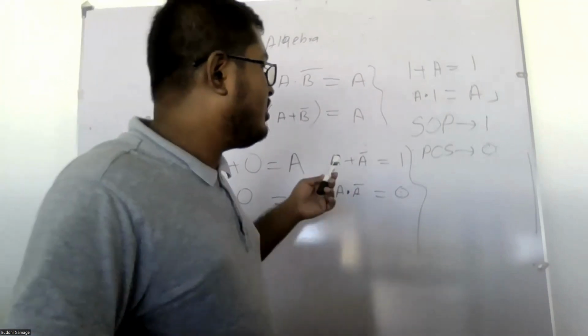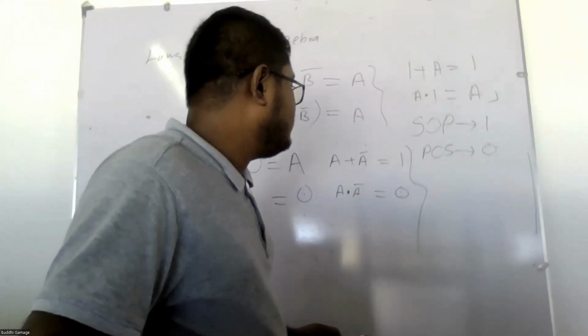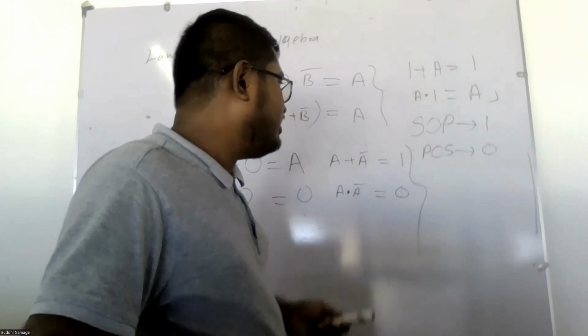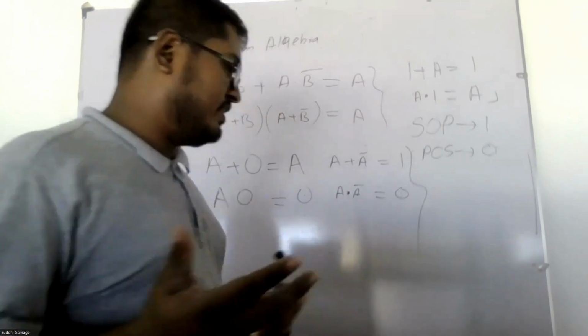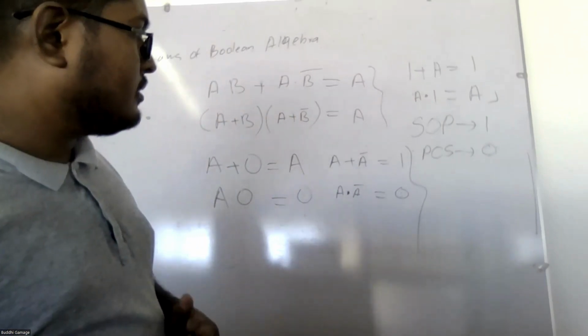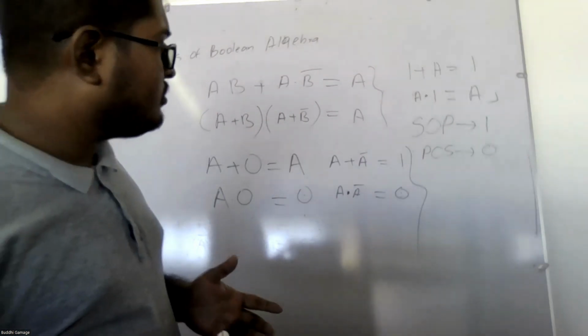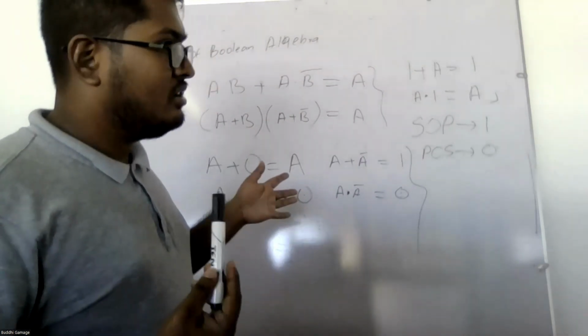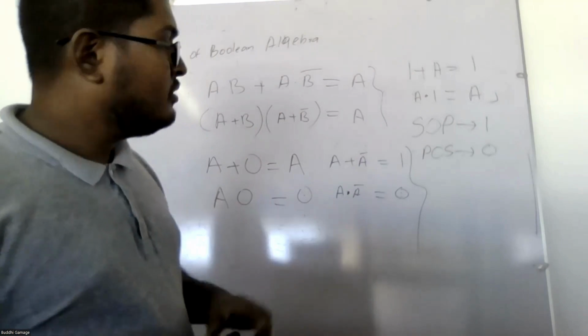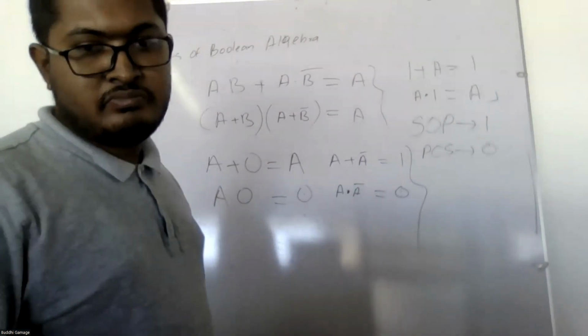And when you are asked to draw the logic gates, maybe in the industry, it will be preferable to use NAND and NOR gates, since by using those gates we can derive any gate.